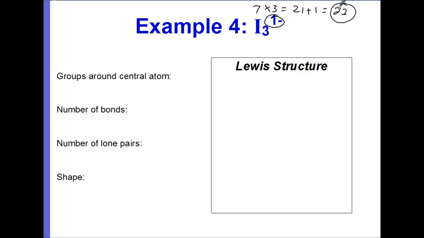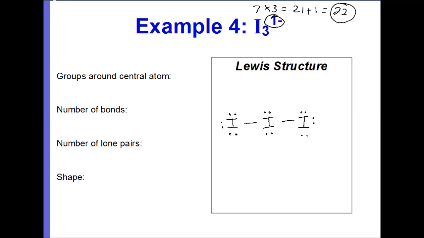So now I have 22 valence electrons. I'm going to start bonding my 3 iodines together and make sure everything has 8 valence electrons. This iodine will need 6, this iodine will need 6 as well, and this iodine only needs 4.